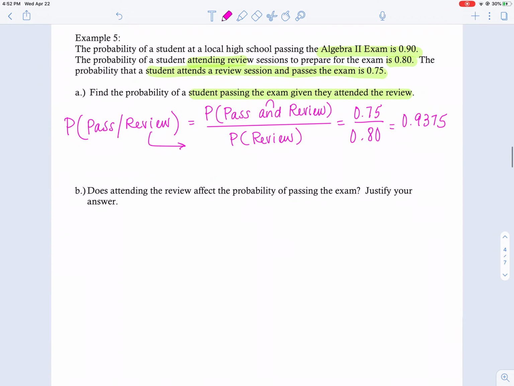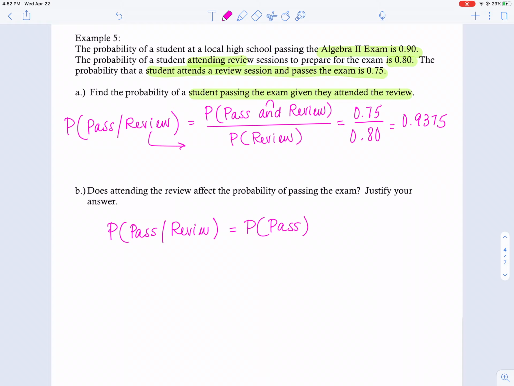Okay, the second part says, does attending the review affect the probability of passing the exam? So now we have to do an independence test. Does the probability of passing given review equal the probability that they pass? Because then we're saying that the review had no bearing on passing.